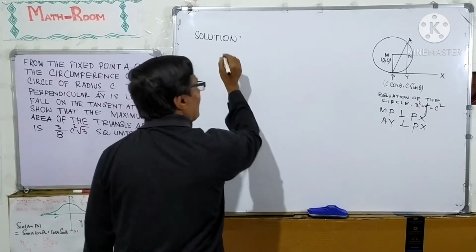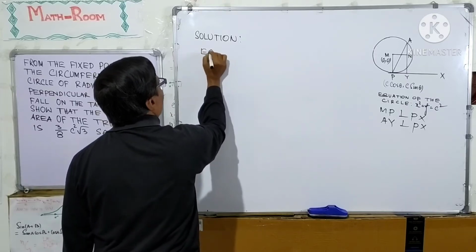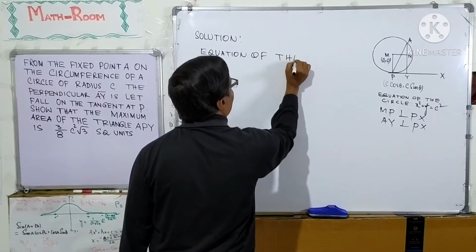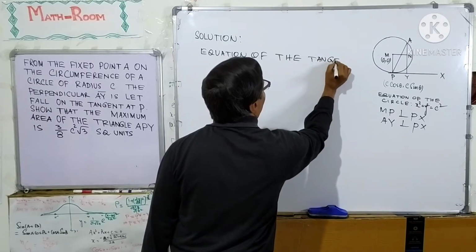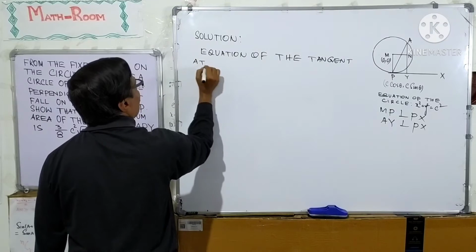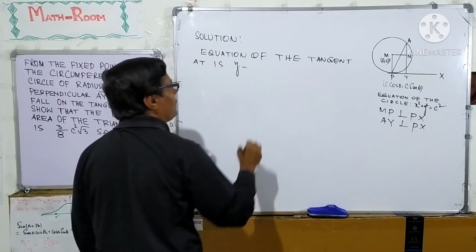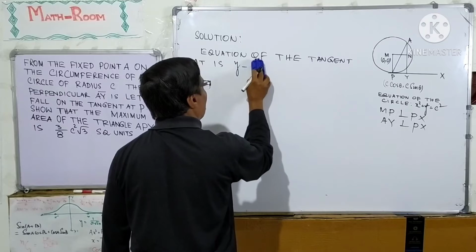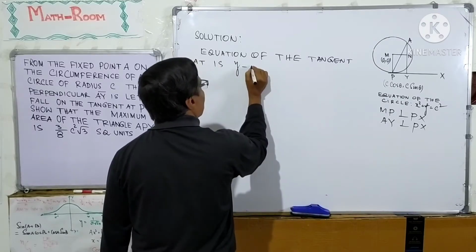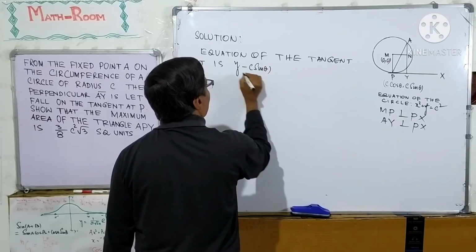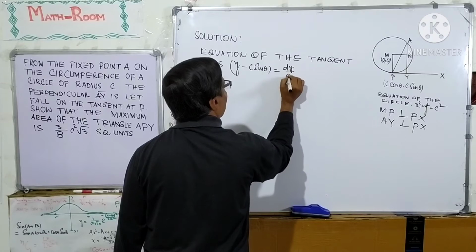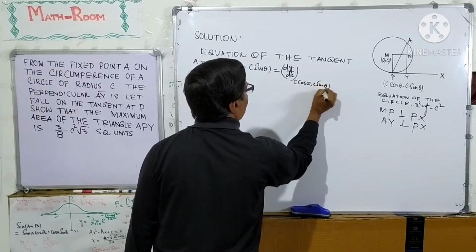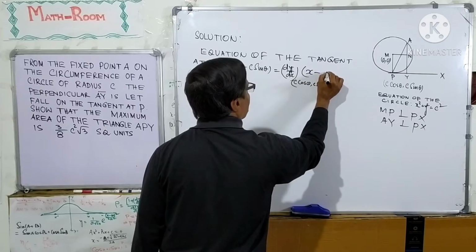Now, the equation of the tangent at P is y minus y1, that is y minus c sin theta, equal to dy/dx at (c cos theta, c sin theta) into x minus x1, that is x minus c cos theta.